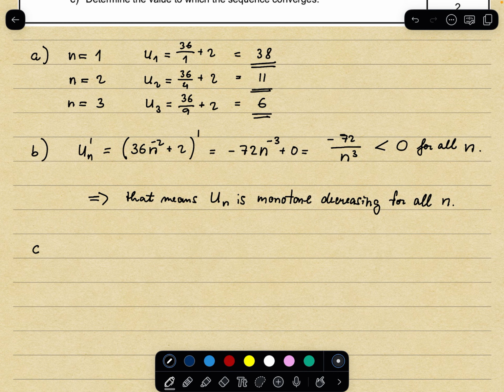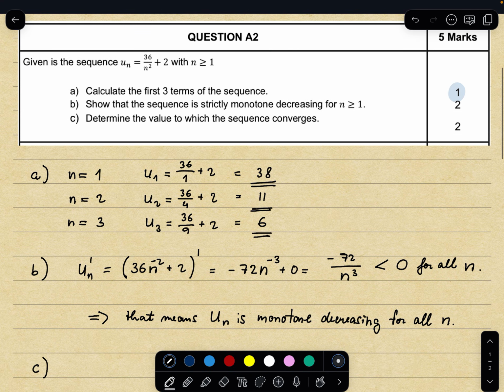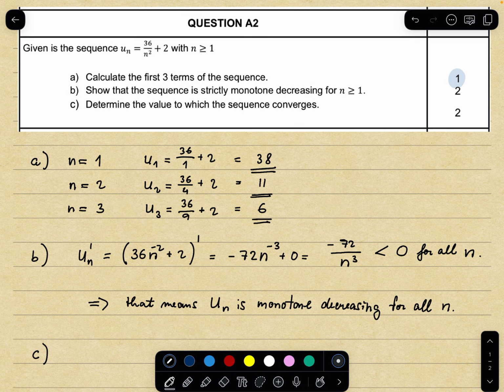Okay, in part C, we're asked to find the value to which the sequence converges. To converge means to come to a certain value, to come to a certain number. Maybe this question was worded vaguely, or maybe some of you did not understand what this question wants from you.